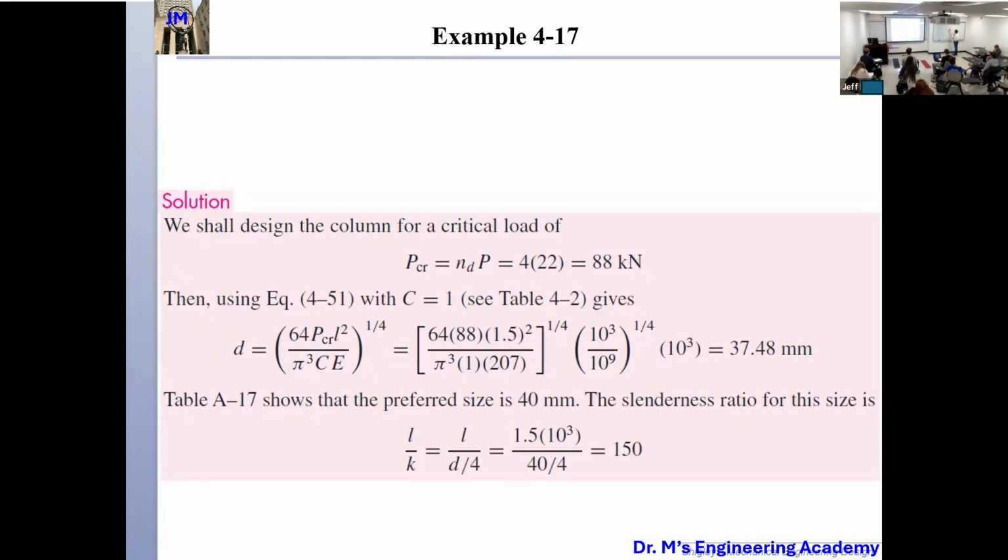So 207 multiplied by 10 power 9 is my Pascal. You guys agree?